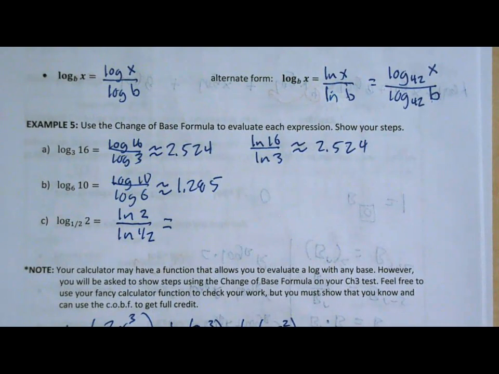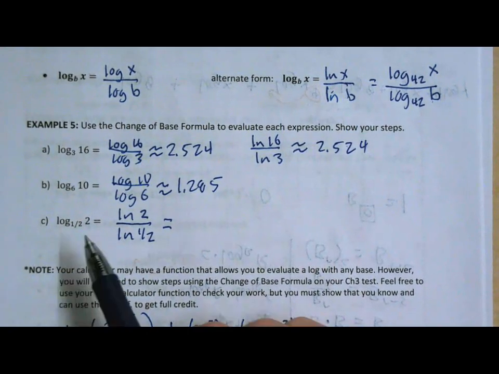That's what it would look like if I use the change of base formula with ln. We could replace those with logs if you want. But can you evaluate this without a calculator?